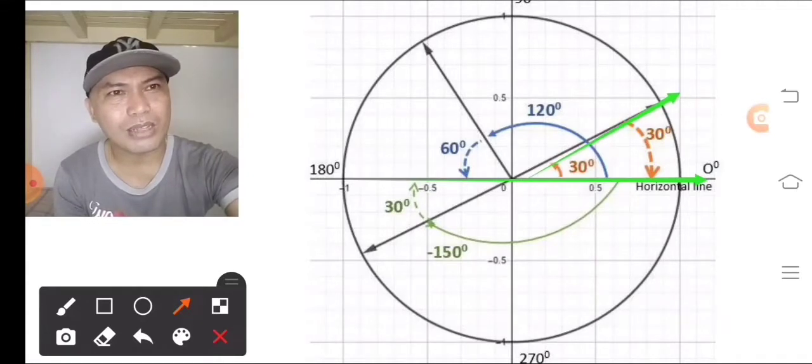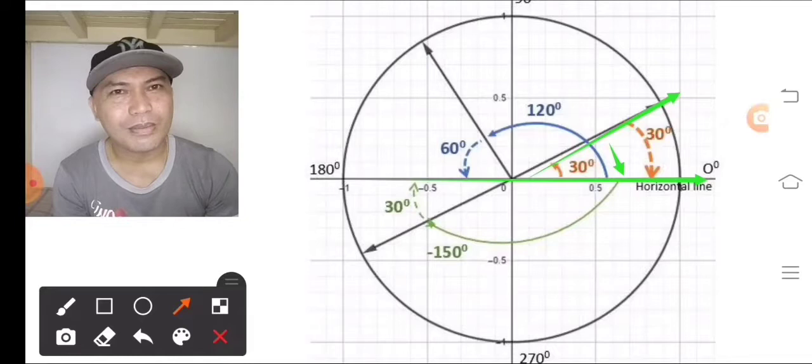So from the terminal side going to the x-axis as our base, that is our reference angle. So the reference angle for 30 degrees is still 30 degrees.